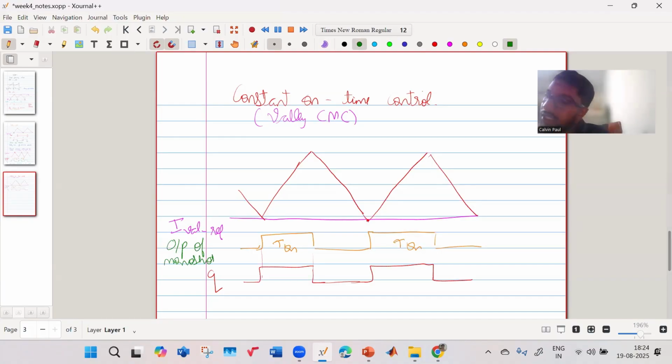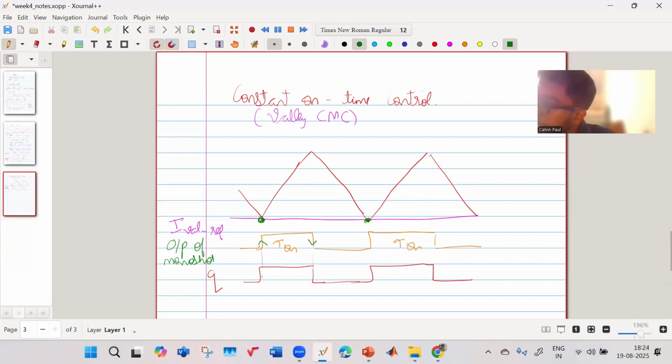So what happens over here is when the current touches the valley, it will send an edge. And your monoshot timer will be on for this fixed duration of T on. Your gate signal also is on for that fixed duration of T on. After T on has elapsed, there's a falling edge. Your current starts falling because your Q remains off.